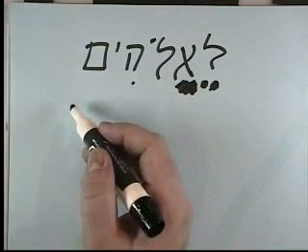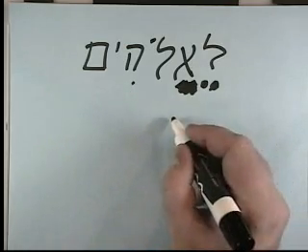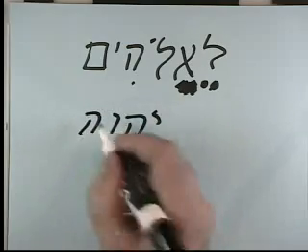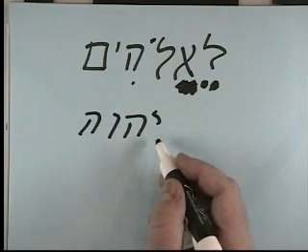Now, we also have a special case with the name Yahweh. What's going on here is that the Hebrews did not like, at least later in time, to speak the word Yahweh. They did not want to offend God by perhaps mispronouncing or misspeaking in the use of His name, and did not want to take His name in vain.